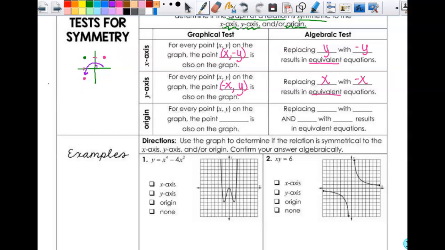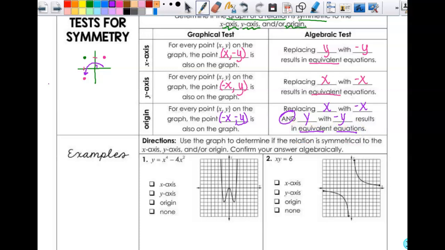So that means that if I take this and I reflect it in the y-axis, I change the sign on x, and then I reflect it in the x-axis, I change the sign on y. So when you have origin symmetry, the signs change on both, and that results in a rotation of 180 degrees. So in order to test this algebraically, we're going to replace x with negative x, and y with negative y, and it should result in equivalent equations.